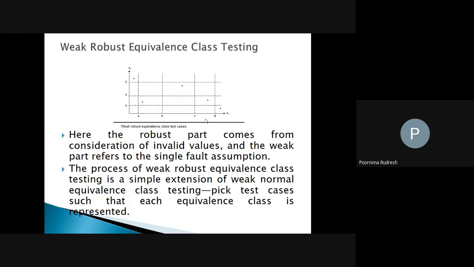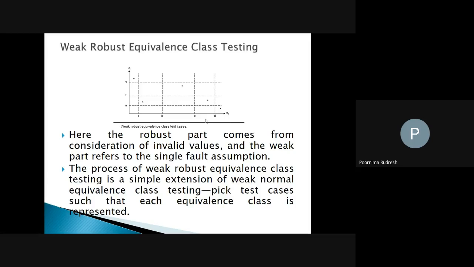The process is a simple extension of weak normal equivalence class testing, because we are picking the test cases such that each equivalence class is represented. So it is simply the extension of weak normal equivalence class testing.